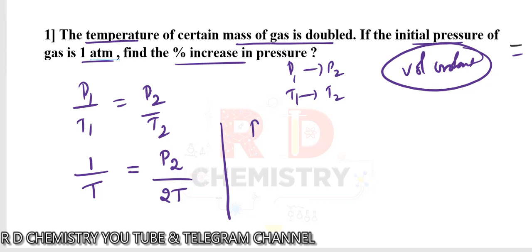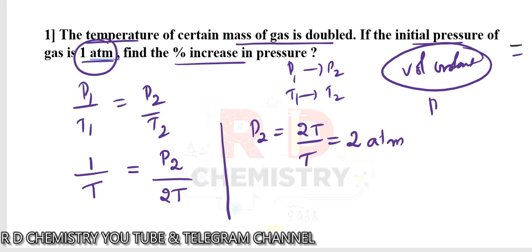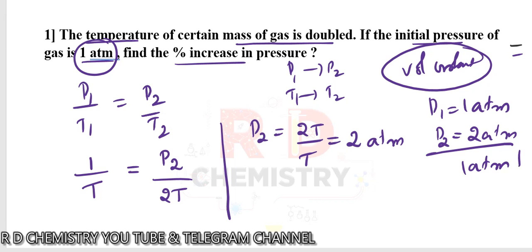Therefore P2 will be equal to 2T divided by T, which is 2, and the unit will be atmosphere because initially it was given in atmosphere. Initially pressure was 1 atmosphere, and P2, the final pressure, is now 2 atmosphere. So deduct it, 1 atmosphere is the increase.